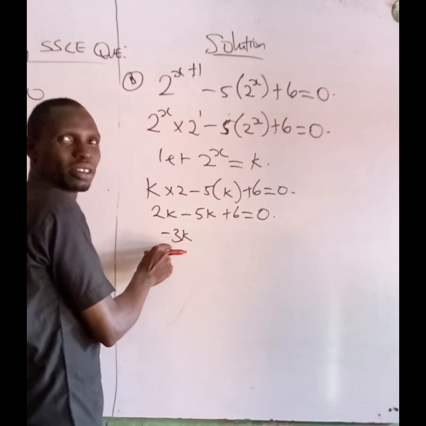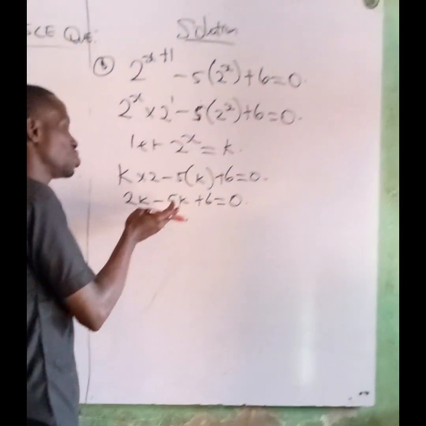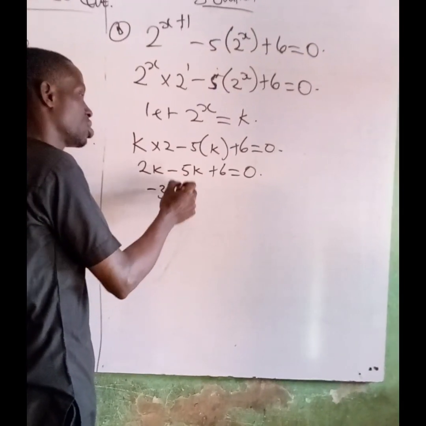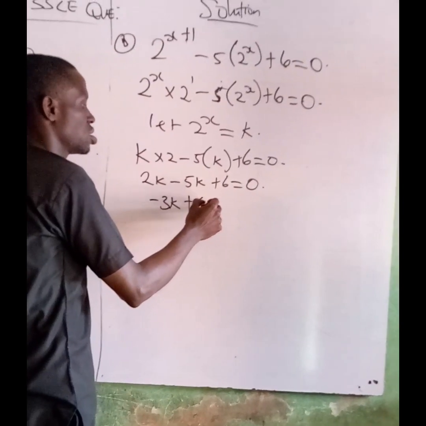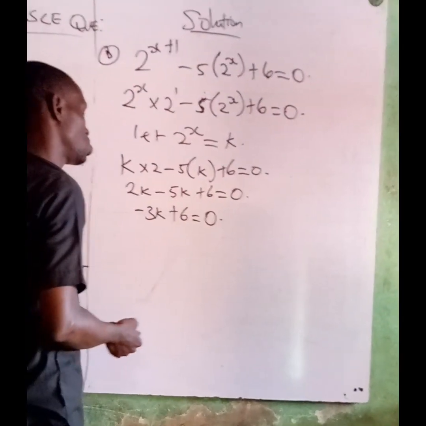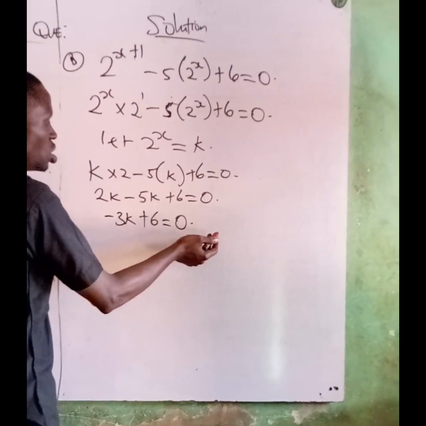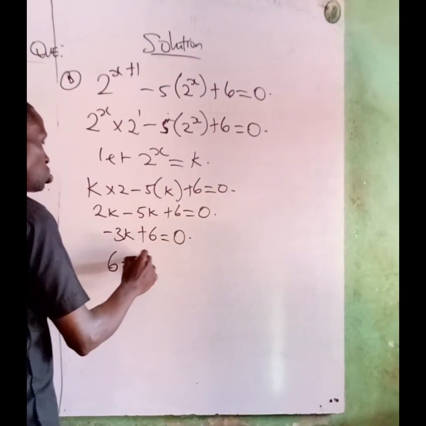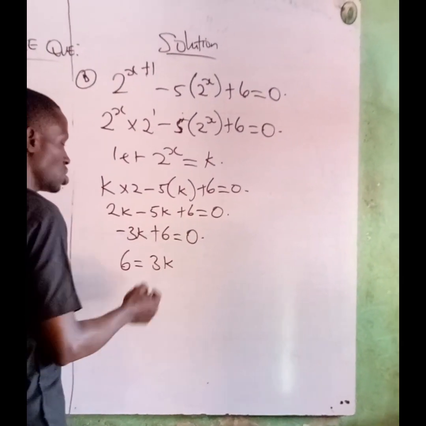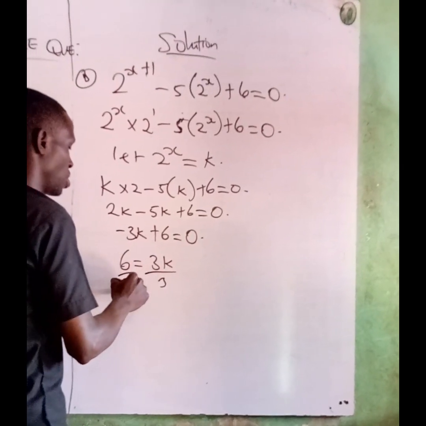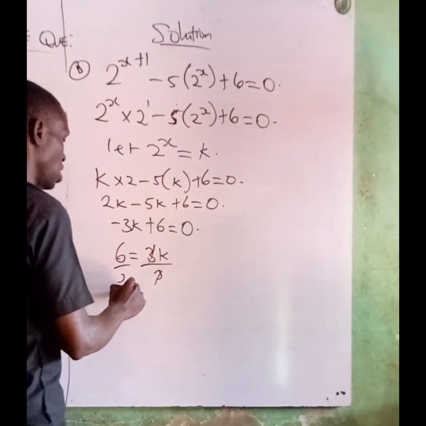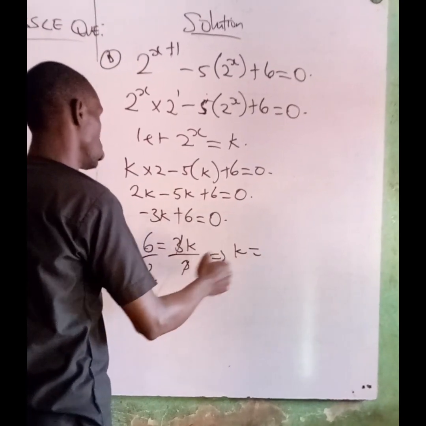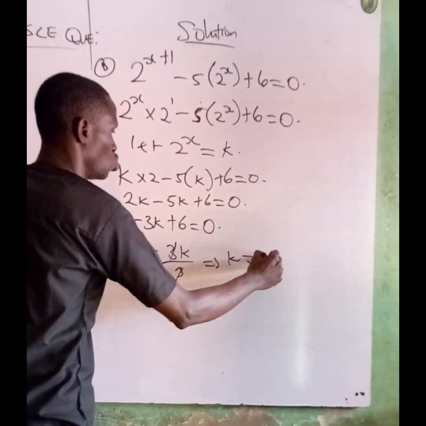Please be conscious of this. Many people will just write 3k, they just miss it because of the sign. Please be conscious of this. Minus 3k plus 6 equal to 0. So make this cross to the other side. So 6 now will give you 3k. Divide both sides by 3. So k will give us 2.